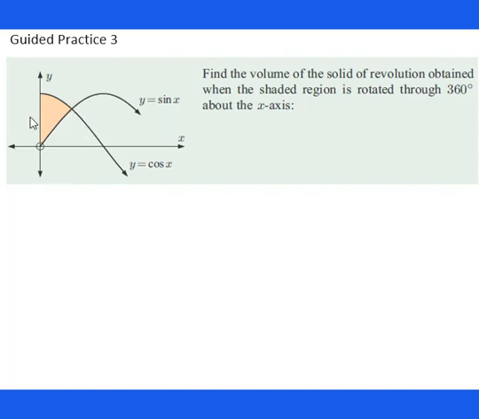You can use the graphing calculator to get that. And then cosine is above sine x. So we do the rotation of cosine x first, minus the rotation of sine x.